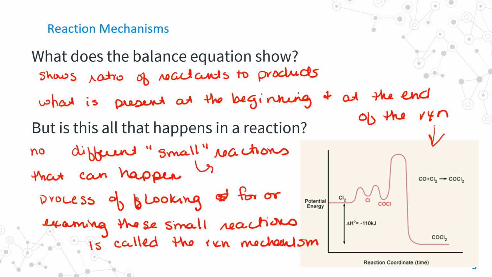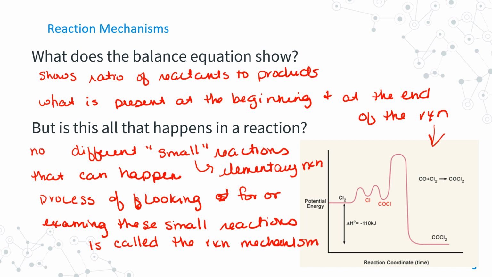And these small reactions are the same as our elementary reactions we talked about when we were in Unit 6. So each of our little bumps on this reaction profile is showing us an elementary step.